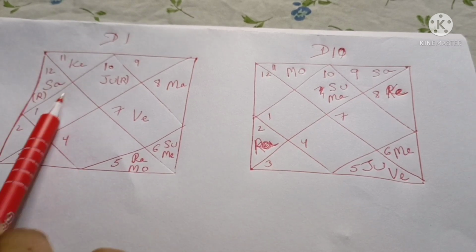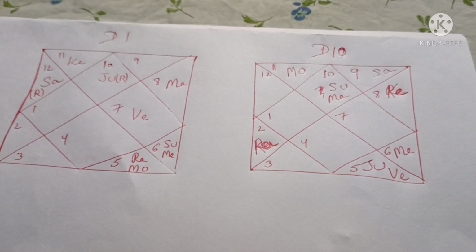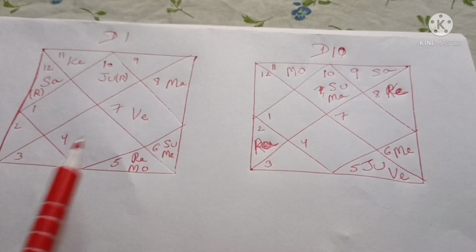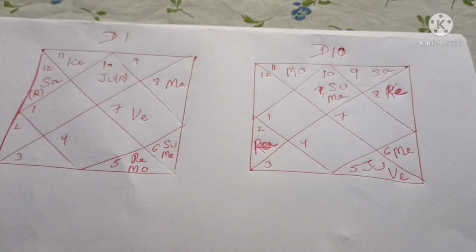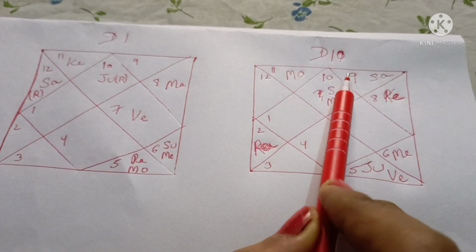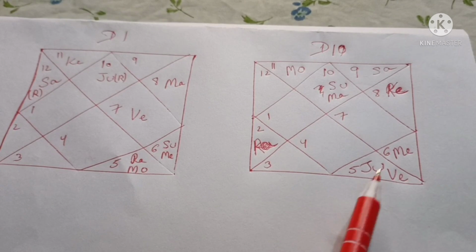But Saturn is retrograde, later on she can also change her job. Okay, so planetary positions, the signs, the houses are very important, right? And other thing, now Saturn is here. Where is the dispositor? Dispositor is in the 8th house.